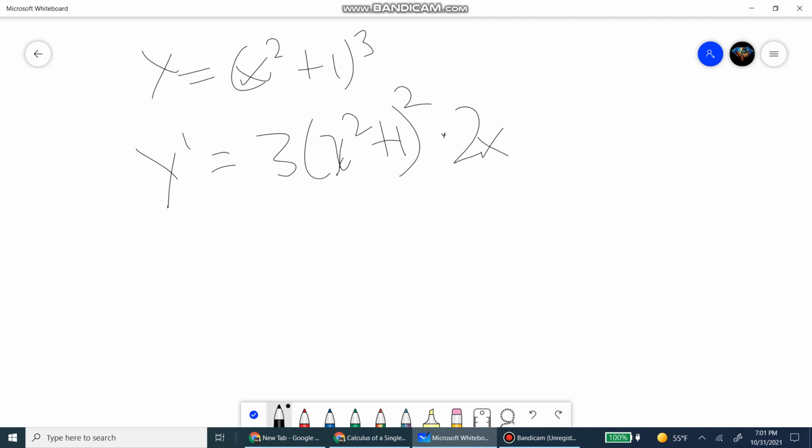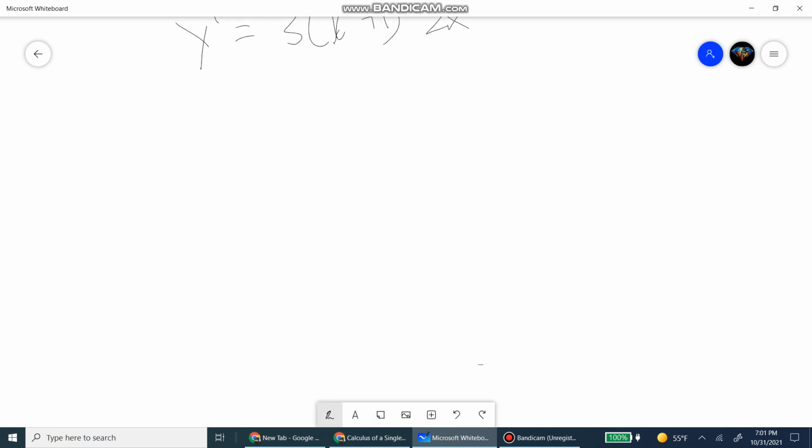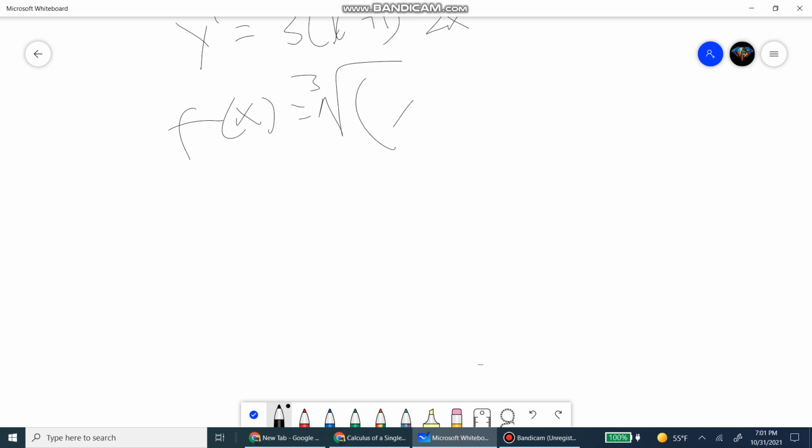Here's another one that applies the chain rule, where f of x equals the cube root of (x squared minus 1) squared. And f prime of x equals, so this is the 1/3 power, right? Or actually the 2/3 power, because the 1/3 goes in with the 2.